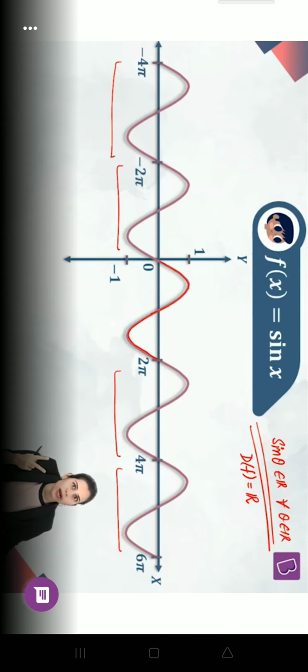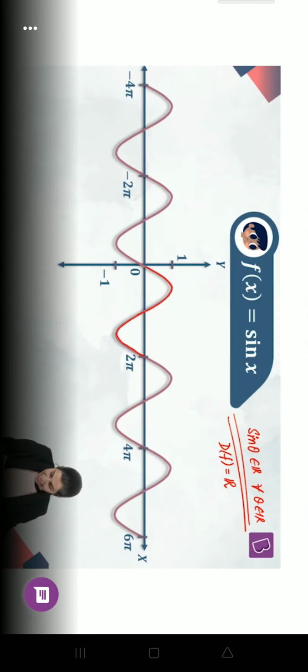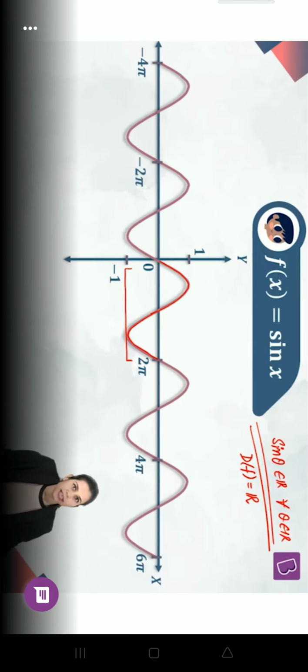Further observe that if I draw two lines, y equals 1 and y equals minus 1, what can you see? The entire graph is sandwiched between these two lines. Yes, that means theta is coming from the complete x-axis, but sine theta is only taking values from minus 1 to 1. Do you agree? Corresponding to any real theta, sine theta is always between minus 1 and 1.